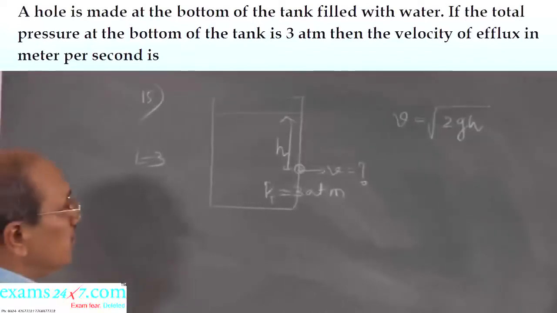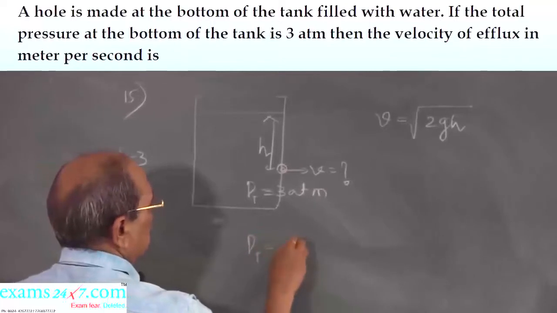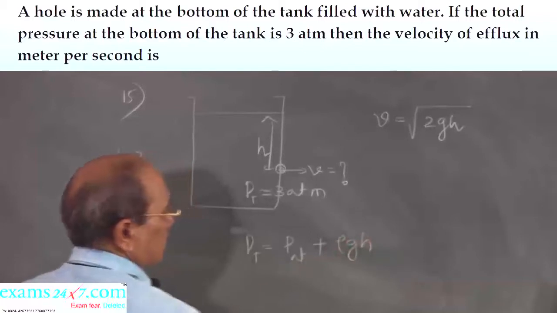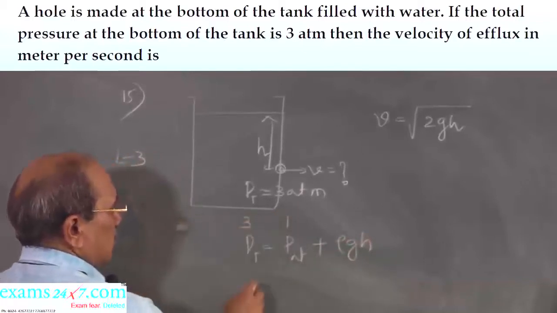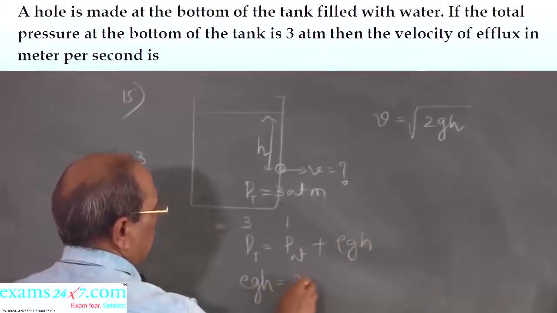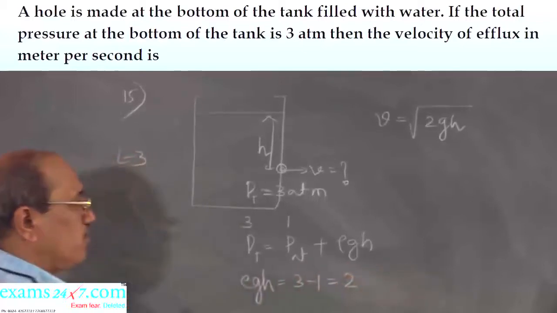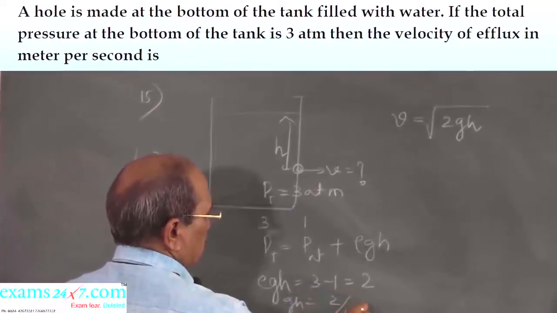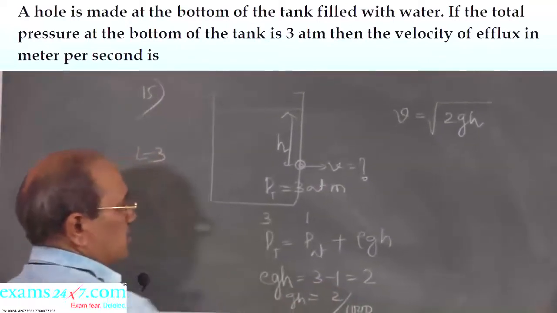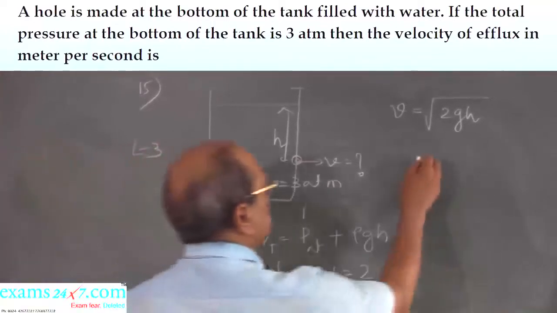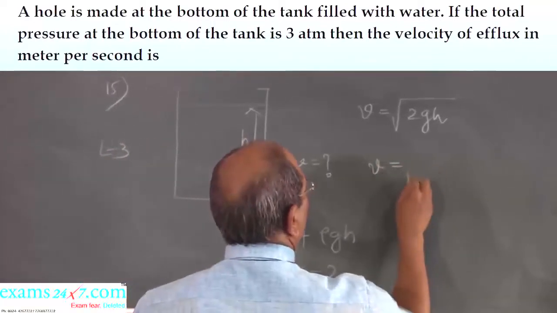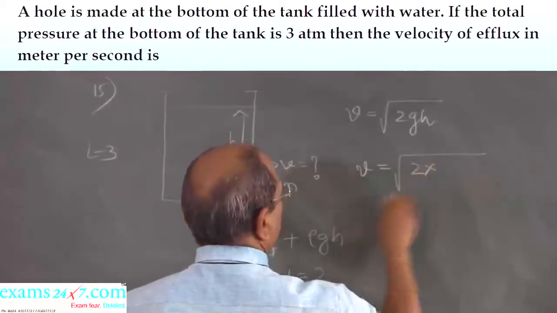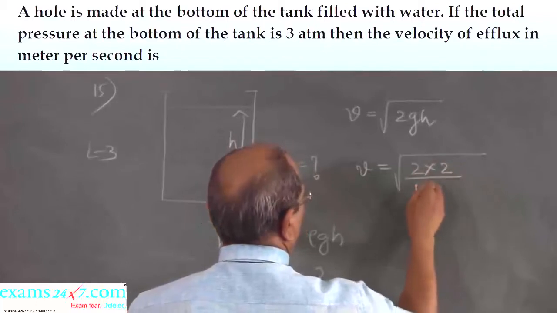How to get h? Total pressure is nothing but pressure due to atmosphere plus rho gh. It is 1 atmosphere, total is 3. Therefore, rho gh is equal to 3 minus 1, which is 2. Or gh is 2 divided by 1000, because the density of water is 1000. Substitute in this: V is equal to root of 2 into gh, which is 2 divided by 1000.